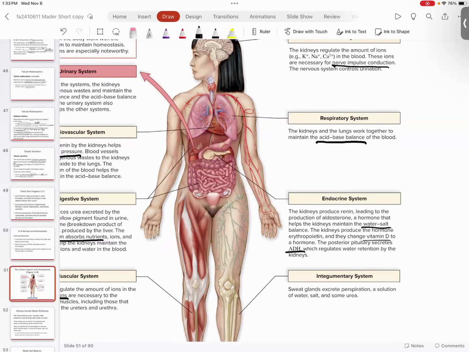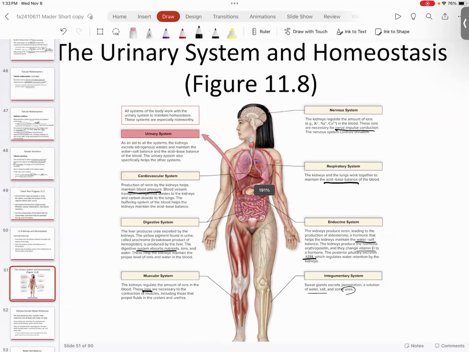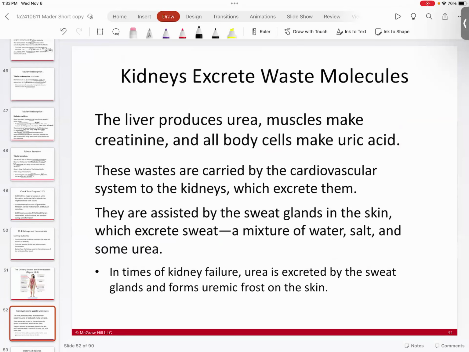Then, of course, the sweat glands, which are a type of excretion system, are getting rid of excess water and salts and a little bit of urea. So you can see how the urinary system is tied into just about every other system. The liver produces urea, the muscles make creatinine when they do their anaerobic respiration, and all the body cells make uric acid as they metabolize nucleic acids.